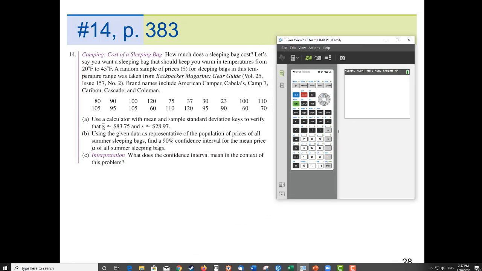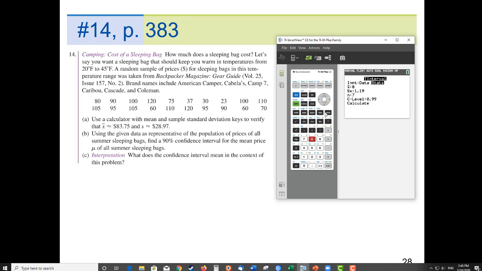So what do we have here? We have X bar, we have S. We don't have sigma. That means we're going to use what type of interval? That's right, we're going to use a t-interval because we have S instead of sigma. So I'm going to go to my t-interval, make sure I have stats. I could, if I wanted, use a data list. I could dump all of these into the calculator and use data, but we aren't going to have to do that for this.